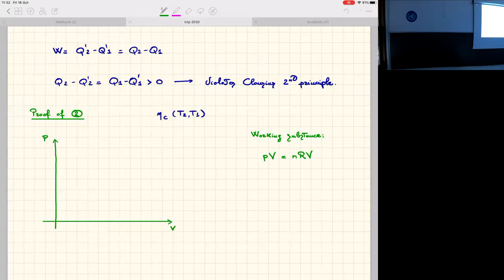It doesn't have to be. Not to get confused on this point. All reversible engines operating between these two temperatures have the same efficiency. So it's not that I have to have an ideal gas sitting there in order to have maximum efficiency.